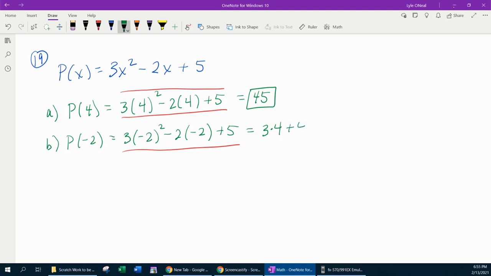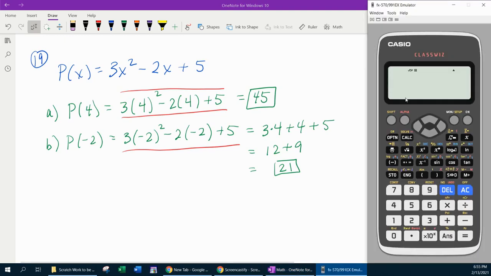So that'll be plus 4 plus 5, which will be 4 times 3, that's 12, plus 4 and 5 is 9, and that is 21. And you can probably see there why I prefer to use the calculator. It takes a little too much manual labor, and I'm lazy. I mean efficient. I'm efficient.